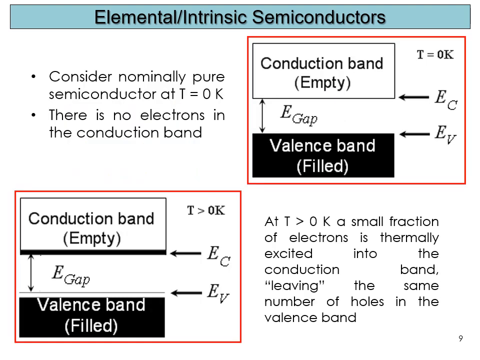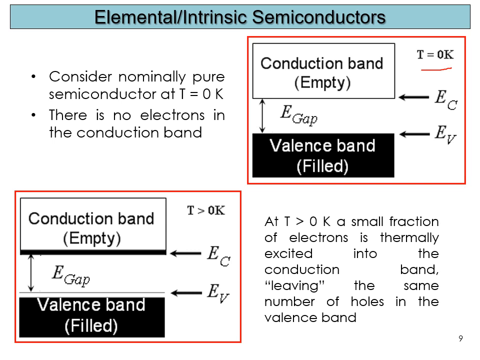Consider a nominally pure semiconductor at T equal to 0 Kelvin. There are no electrons in the conduction band. So the conduction band at T equal to 0 Kelvin is empty, and the valence band is completely filled with electrons, and we have the energy gap between the conduction and valence band.